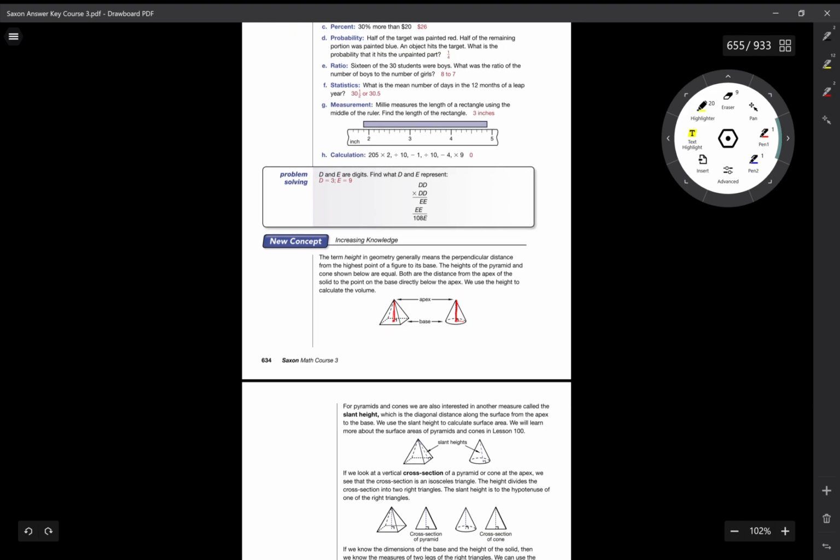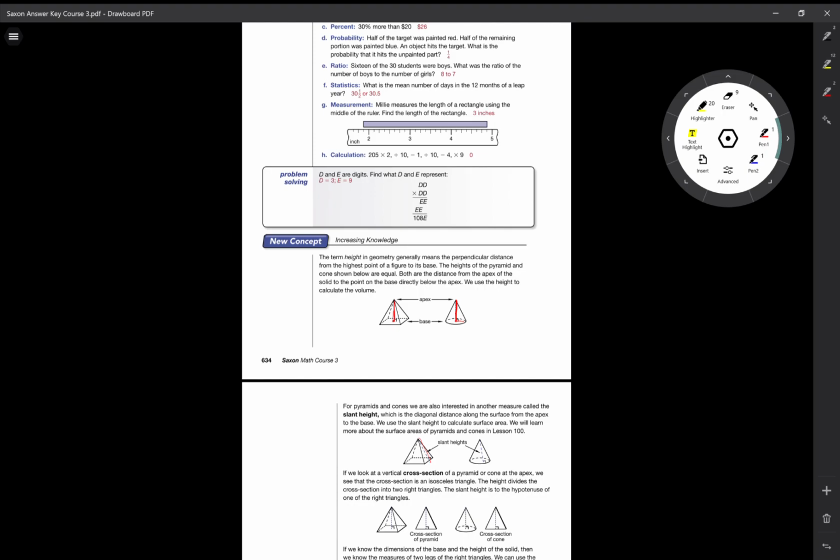But now we're talking about pyramids and cones, we are also interested in another measure called the slant height, which is the diagonal distance along the surface from the apex to the base. So from the tippy top down on an angle to the base. So not down the middle, down along the side.